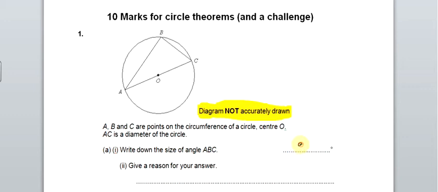Well, it's 90 degrees. How do I know that? Well, without going into too much detail, there is a circle fact: the angle in a semicircle is 90 degrees.